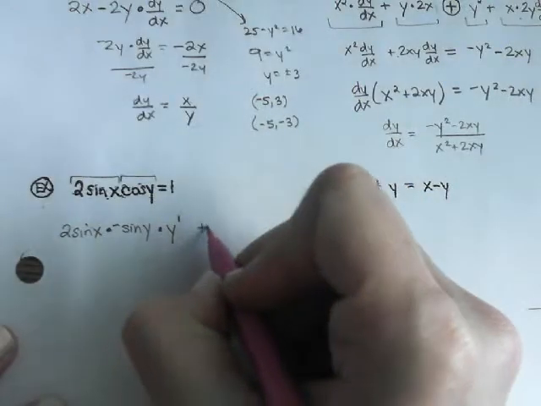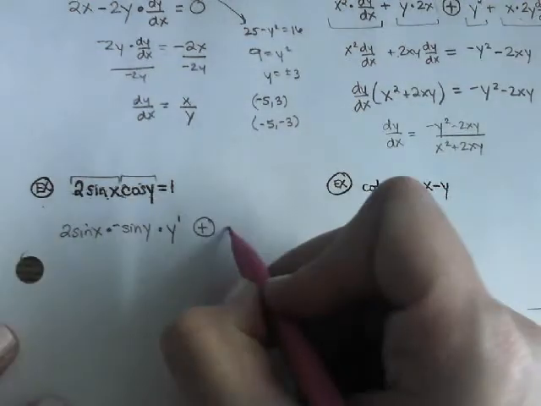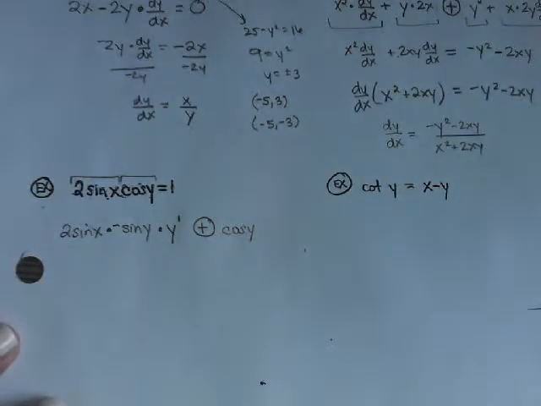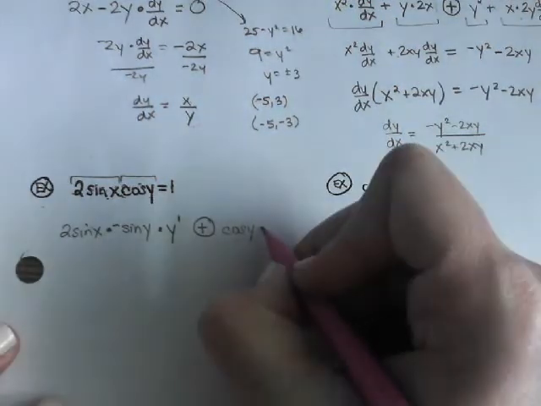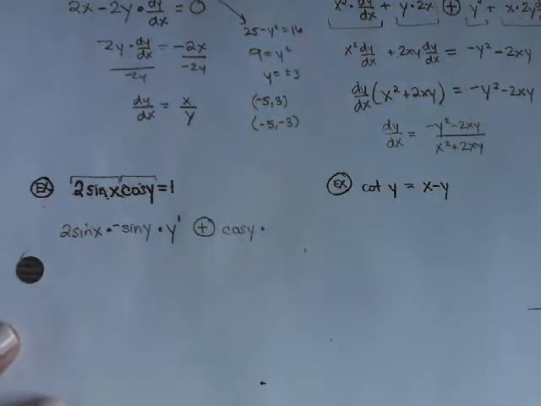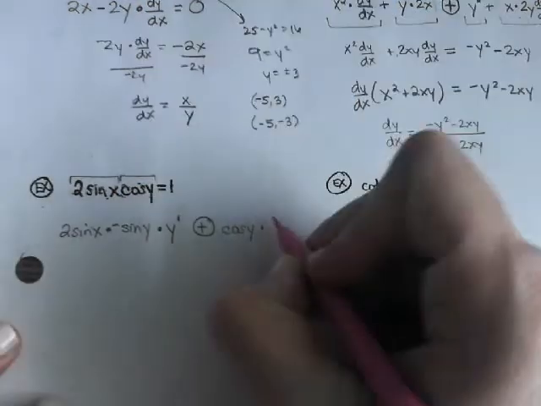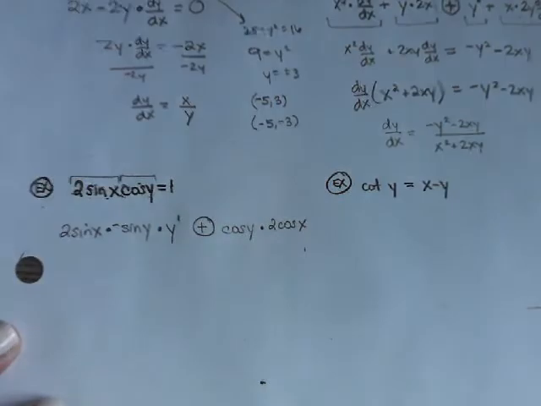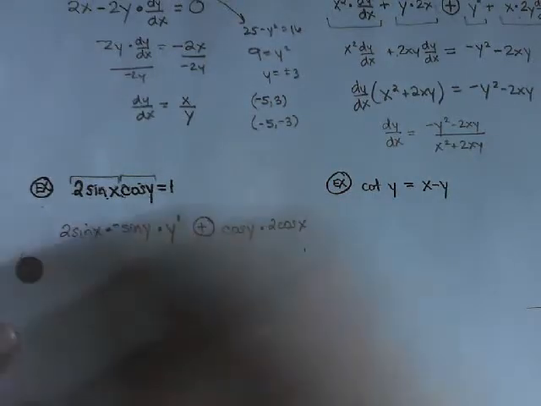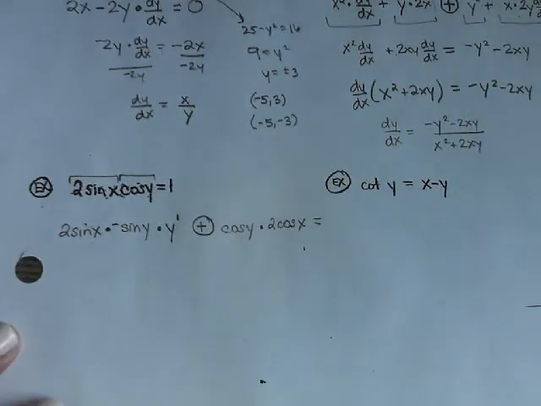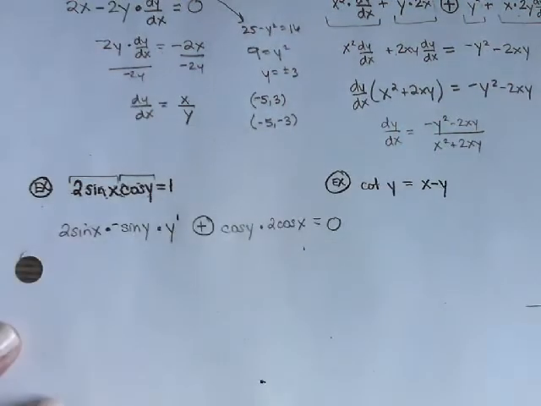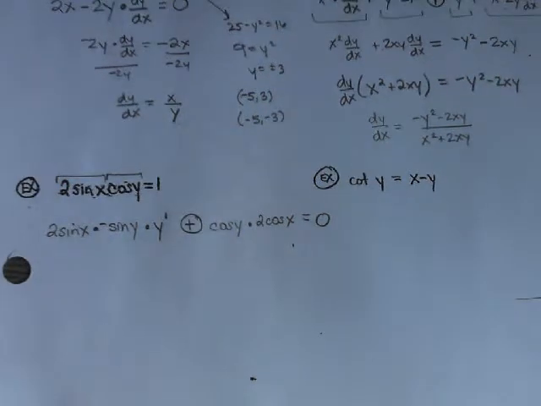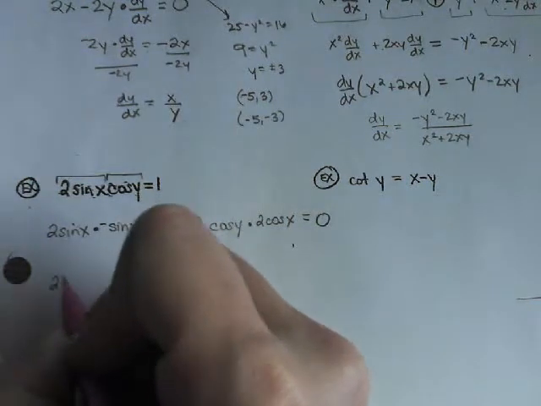What's the derivative of 2 sine x? Two cosine x, good, Gina? Equals, what's the derivative of 1? 0. So we get negative 2 sine x sine y times y prime over here.